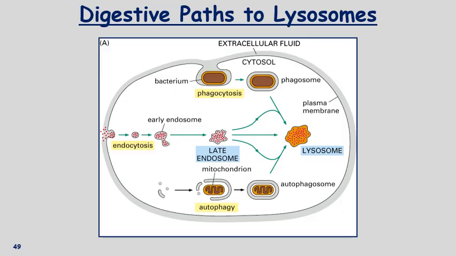Lysosomes are very important to degrade things that are not useful to the cell anymore and to recycle material. But sometimes you have digestive proteins, enzymes, that do not work properly and do not do the job that they're supposed to do.